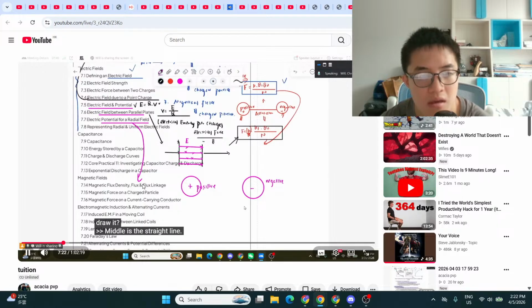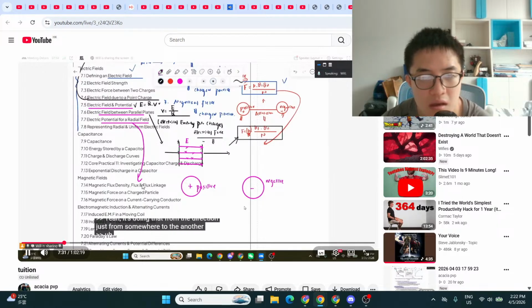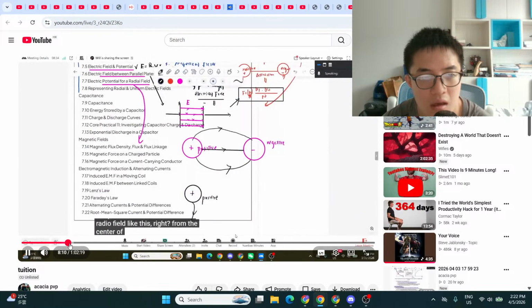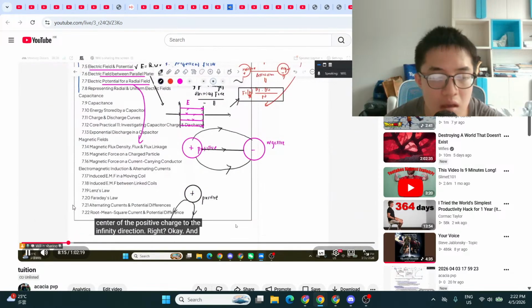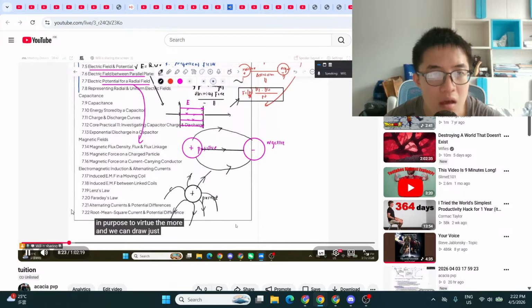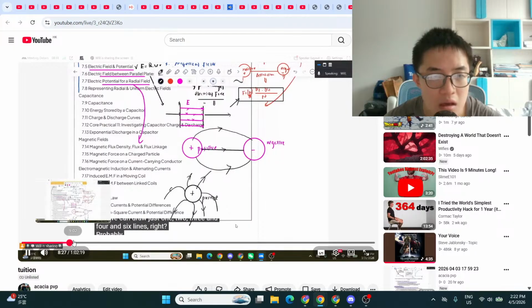The middle is a straight line, with the direction from positive to negative. The arrows go from the center of the positive charge toward infinity. To illustrate more, we can draw 1, 2, 3, 4, and 6 lines.